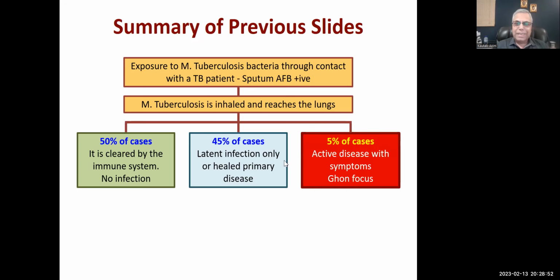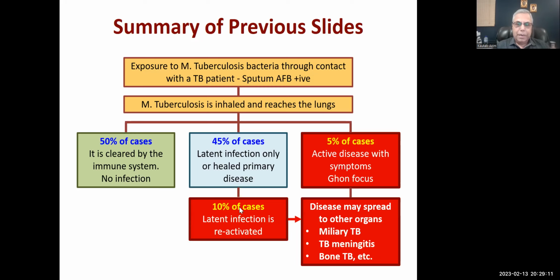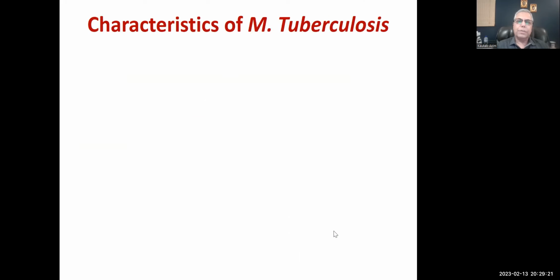And 45% latent and 5% will get active disease right from the start, as soon as the bacteria go into their lungs, okay? And disease might spread to other organs: miliary tuberculosis, tuberculous meningitis, spinal tuberculosis, bone tuberculosis. And of these 45% who had latent infection, 10% get a reactivation, and then they can also get these complications.